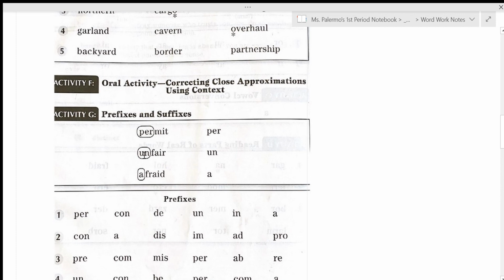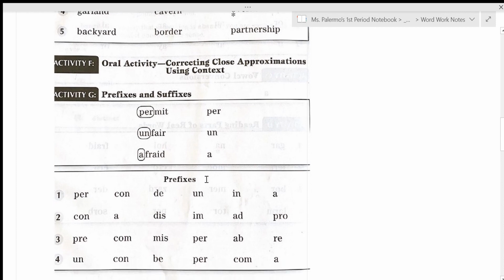Point to the next word. The word is unfair. What word? Unfair. Point to the circled prefix. The prefix is un. Say it. Un. Point to the next word. The word is afraid. What word? Point to the circled prefix. The prefix is a. Say it.